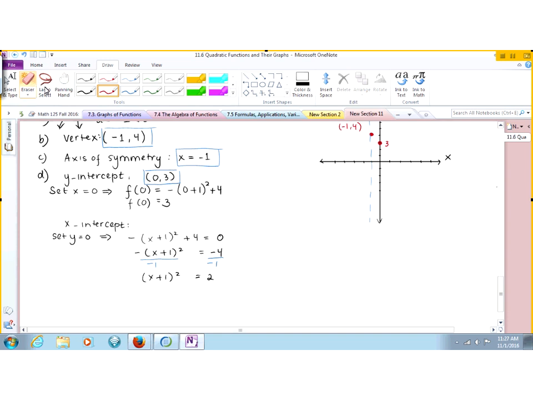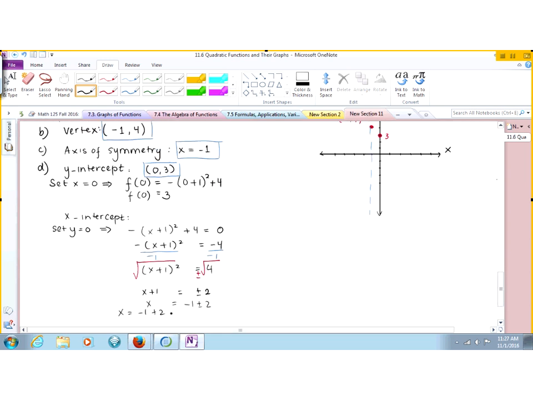Then what? Complete the squares? Yes. How? Oh, this is 4. How did I get 2? Yes. When I take the square root, what happens? Plus or minus? Yes. So we have x plus 1 is equal to plus or minus 2. So x is equal to negative 1 plus or minus 2.